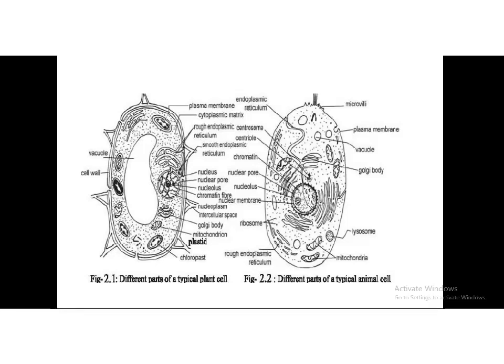All cells are composed of many smaller parts that remain inside the cell. We call these parts cellular organelles. In this lesson, we are going to study the structure and the functions of these cellular organelles.